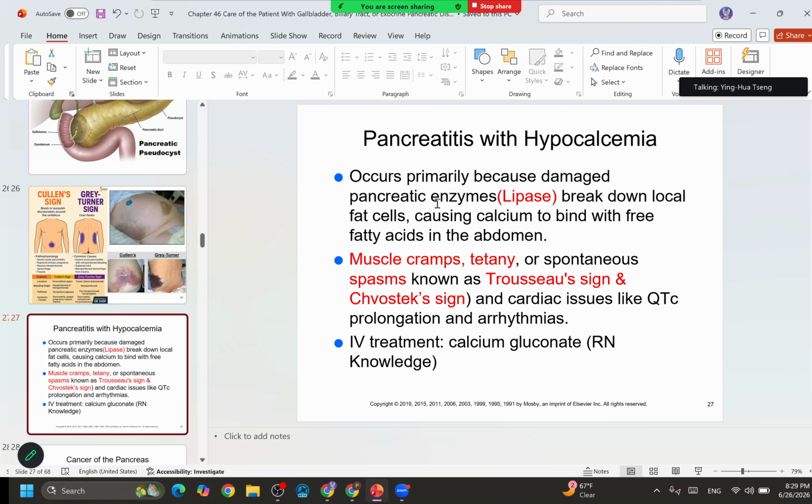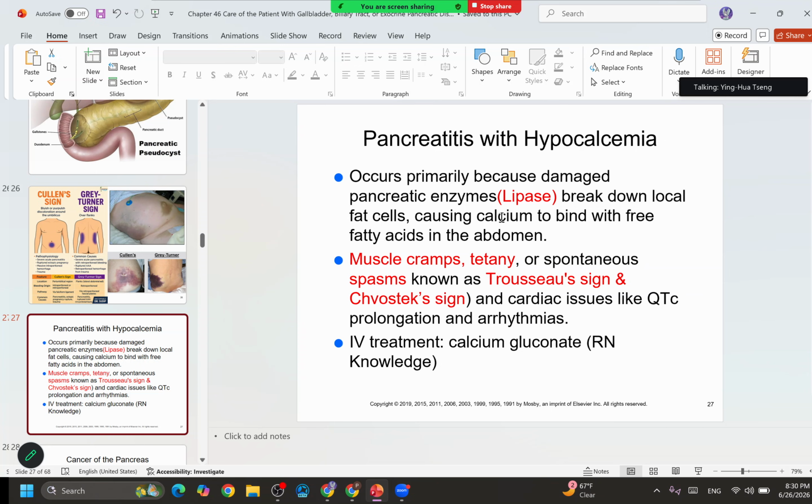So this enzyme will break down that fat. When it breaks down the fat, your calcium will suddenly bind with the fatty acids right away. The small fatty acids go and kidnap the calcium immediately. So your calcium suddenly goes low, with very little in your blood. That is what causes hypocalcemia.